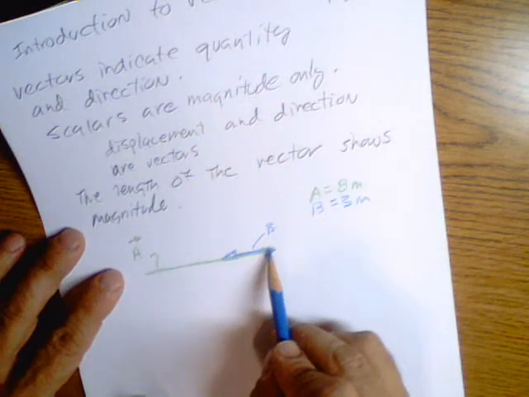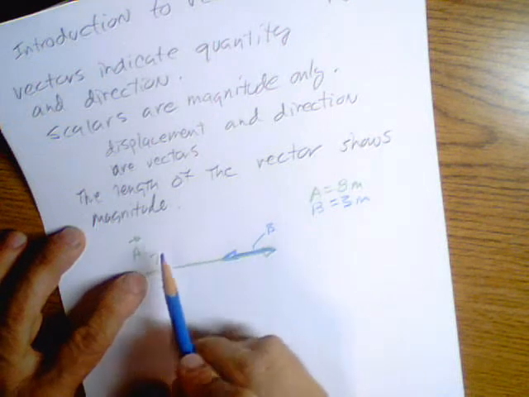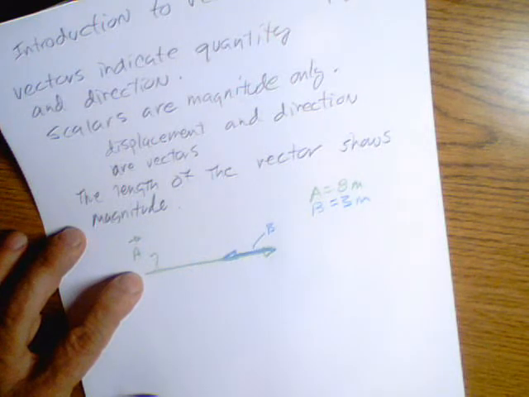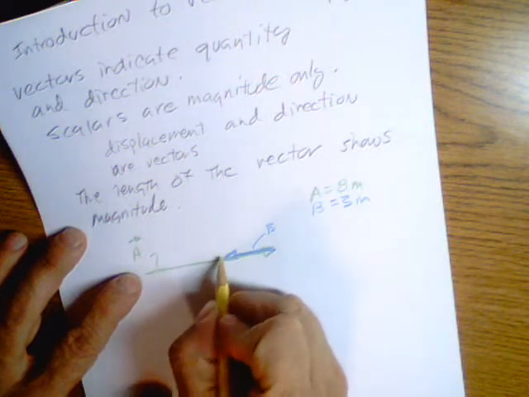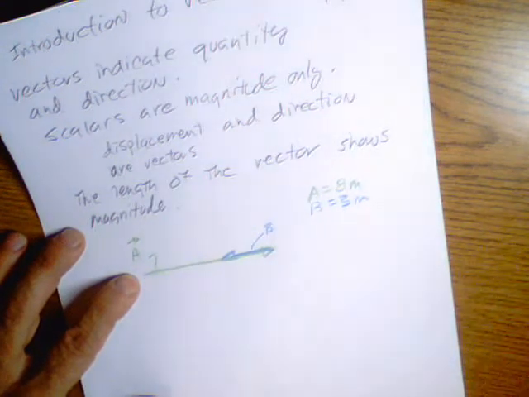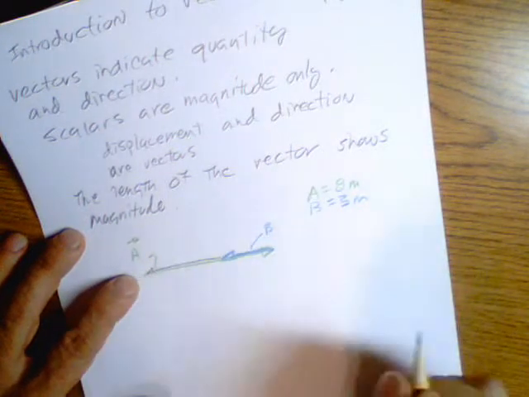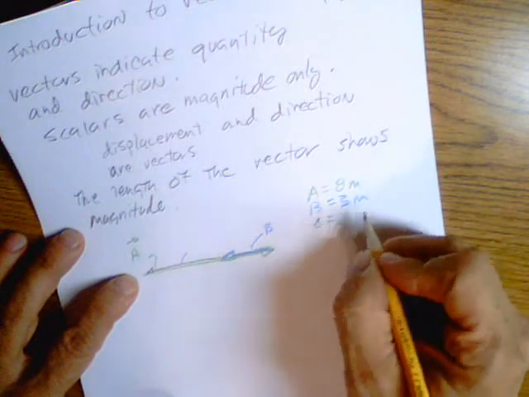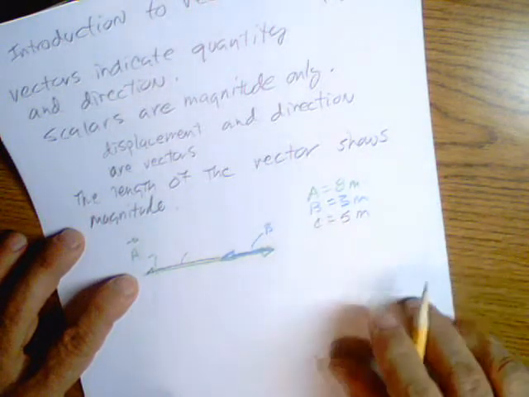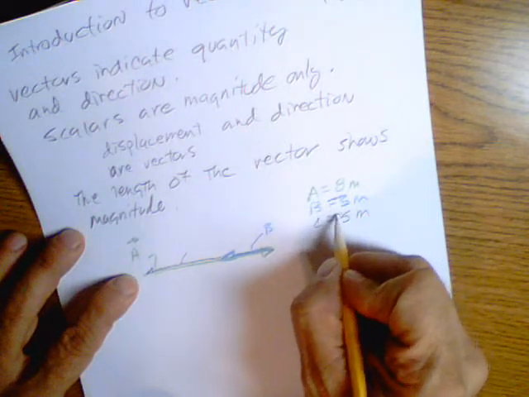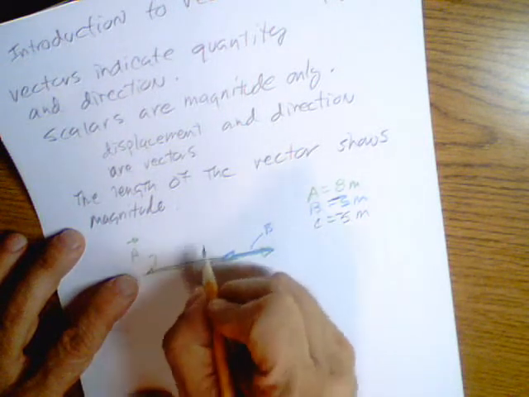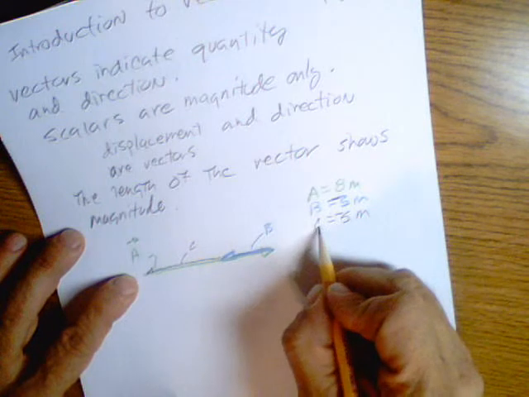Well, clearly, in this one-dimensional image here, we could have a third vector that shows us going back to where we started from. We'll call that one C, and that could be 5 meters. Clearly these two vectors are negatives, and so we're right back where we started from, and so this is vector C.